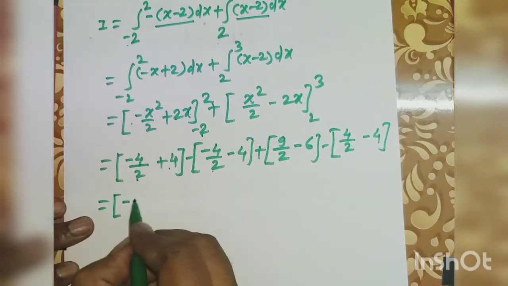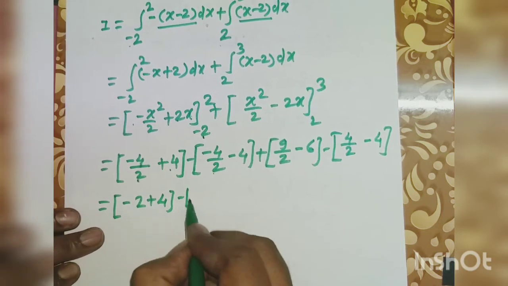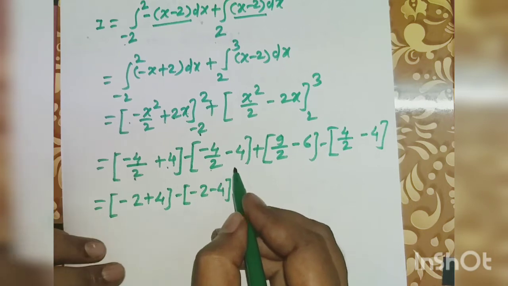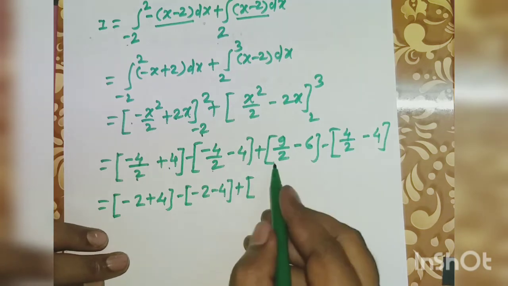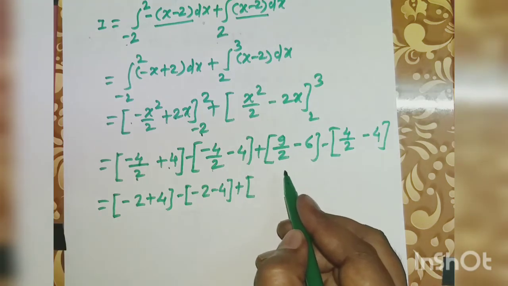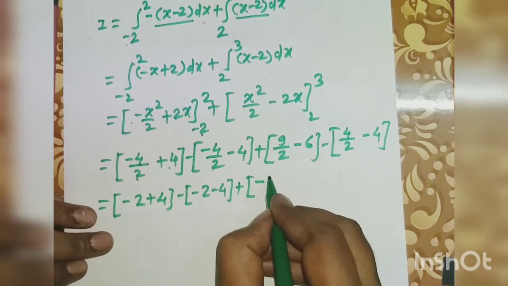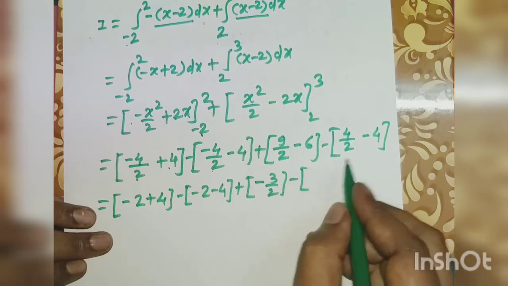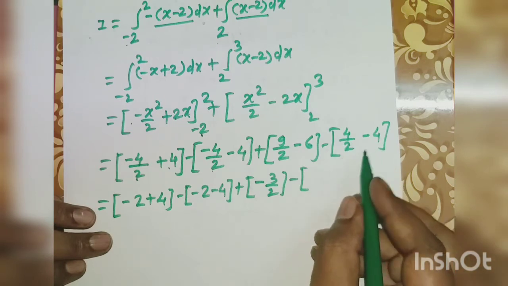Minus 2 plus 4 minus 2 minus 4 plus 6 into 2. 6 into 2 is 12, minus 12, and plus 9 minus 3 by 2, minus 4 into that is 2, 4 divided by 2 is 2, 2 minus 4 minus 2.